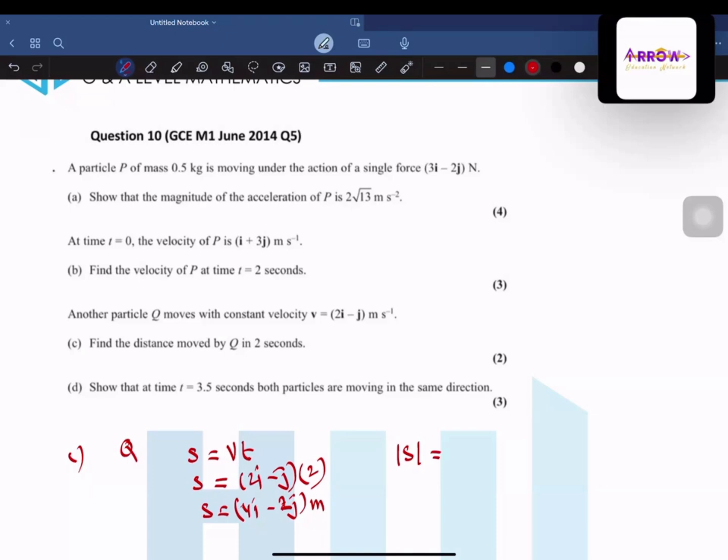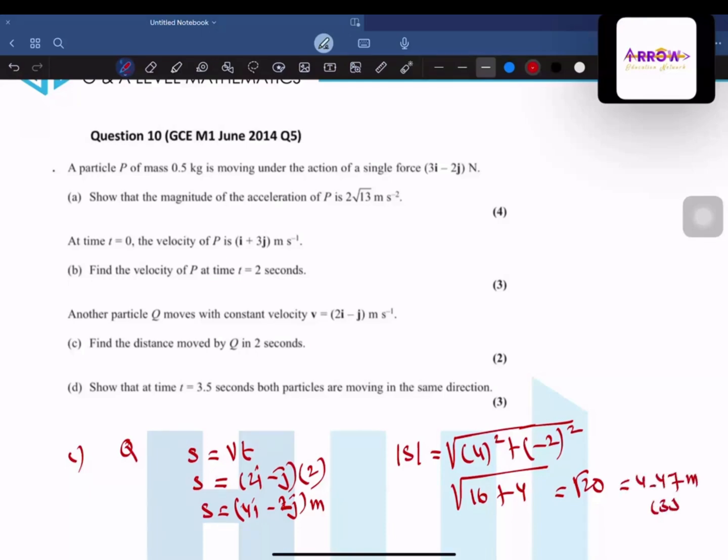The magnitude of the velocity is the speed and the magnitude of the displacement is the distance. So the magnitude of this vector is the square root of 4 squared plus (minus 2) whole squared, meaning the square root of 16 plus 4. This is the square root of 20, and correct to three significant figures it is 4.47 meter. This is your answer.